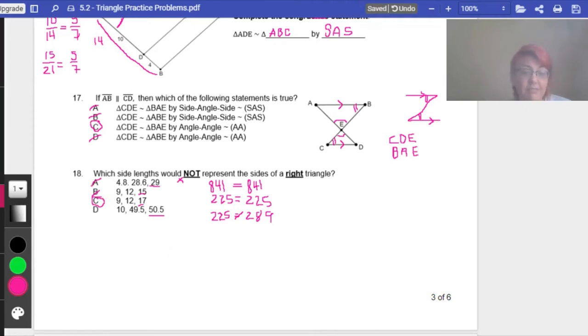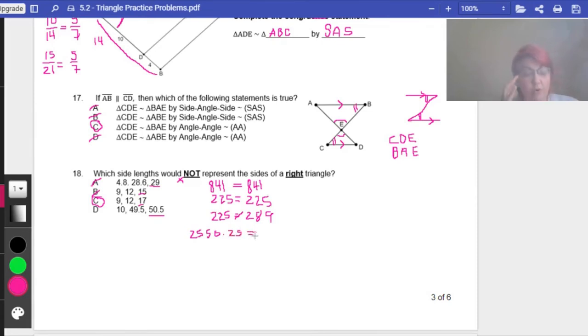Now, just for fun, let's do D just to double check ourselves, make sure we're right. I've got 10 squared plus 49.5 squared, and I get 2,550.25.